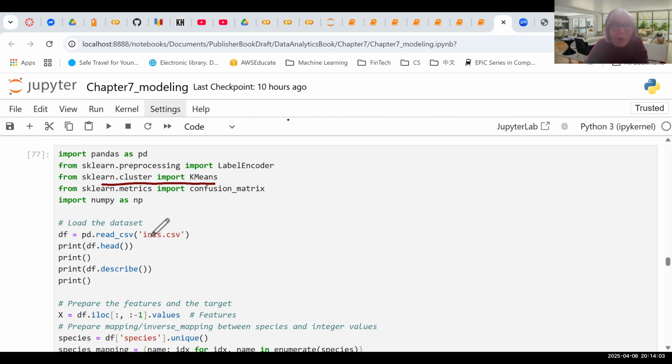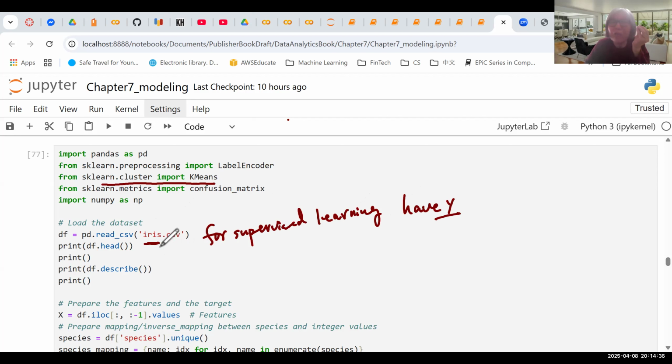Okay. And over here, we are going to use that traditional iris data set. And this data set itself is for supervised learning because it does have the Y value. But because it's about flowers, different flowers are distinguished by features like sepal lengths, petal lengths, and widths.